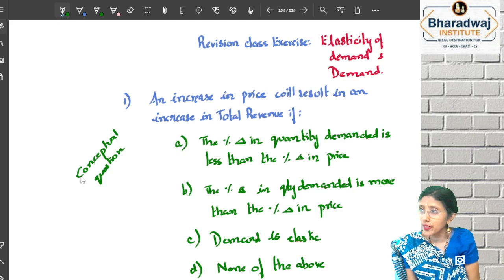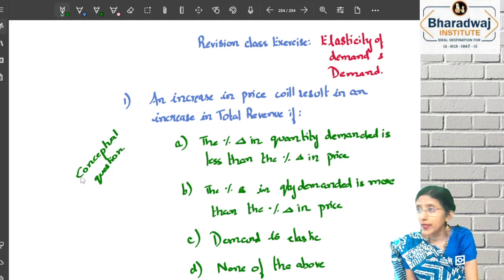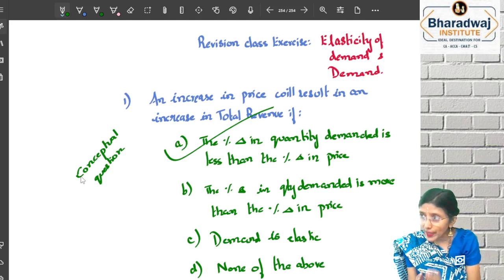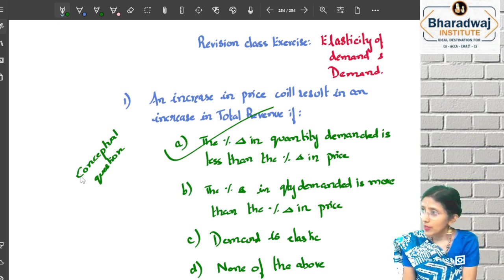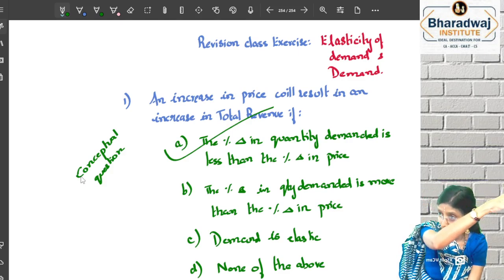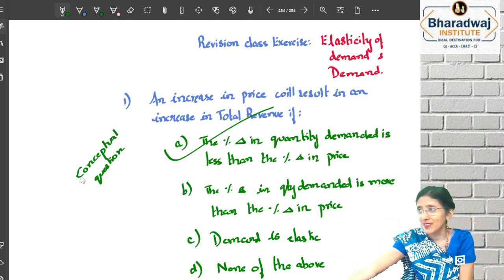So what is the option then? A, B or C, D? So segment your answer. When increase in price, stop at quantity demand. What is the reaction? Reaction is fall in the quantity demanded. Now we are saying that if total revenue has to increase, this fall in quantity demanded should be less.